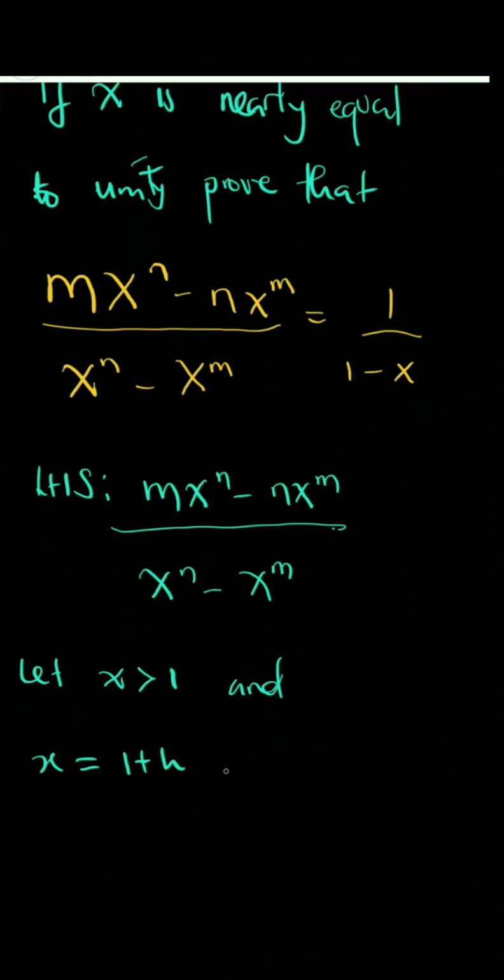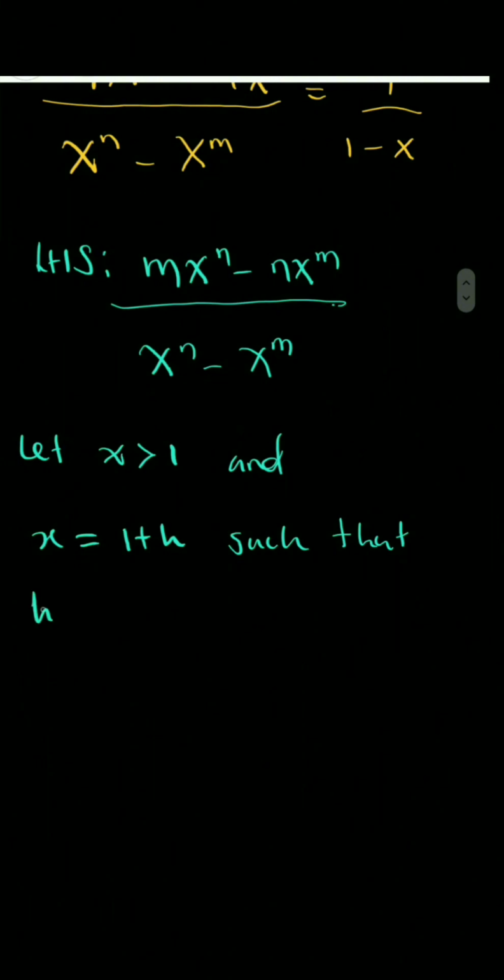So looking at a value that is just greater than 1, that value which makes x greater than 1 is h, and h is very small, since we've been told that x is close to 1. So we'll just use a value which is a bit smaller to make x close to 1. So that's how you go about it.